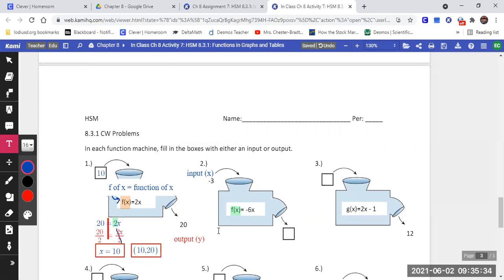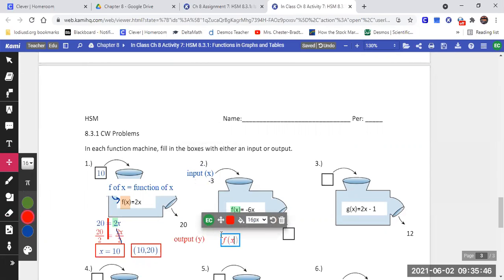So I have to take my equation. Function of X equals -6 times -3. Because we're trying to find when the function is. So I solved the math. Function of X, f of X, equals how much? Do the math.